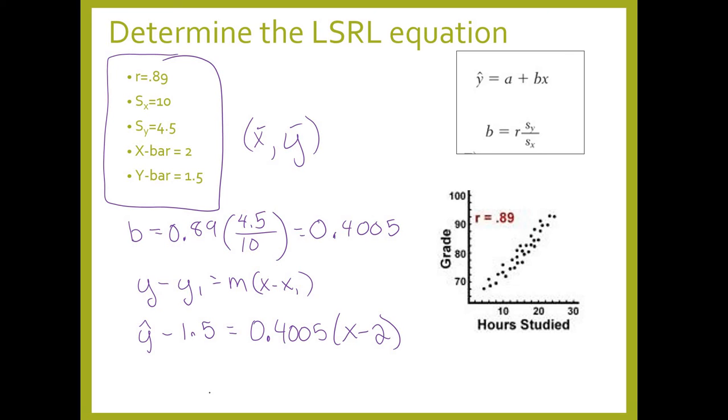Then I rearrange and I get y hat equals 0.4005x plus 0.699. And that would be your least squares regression line from these statistics that you were given.